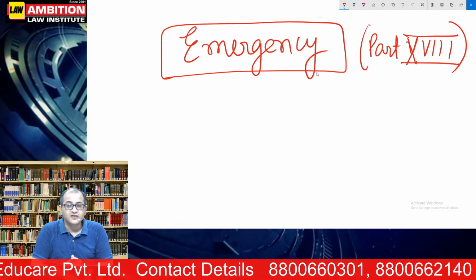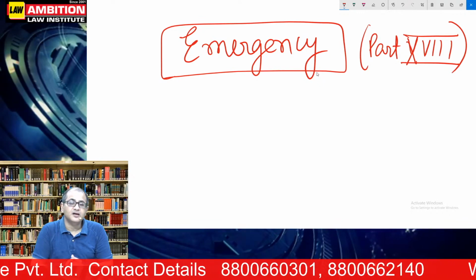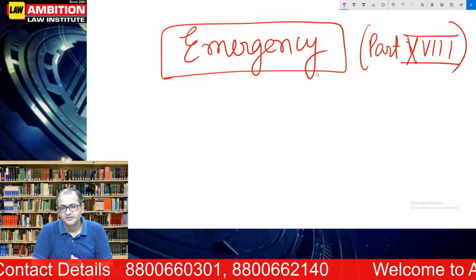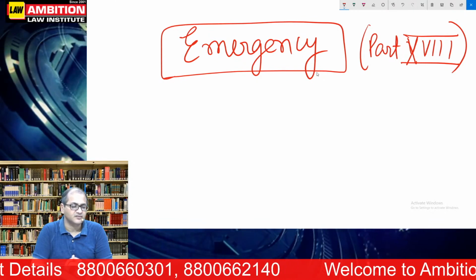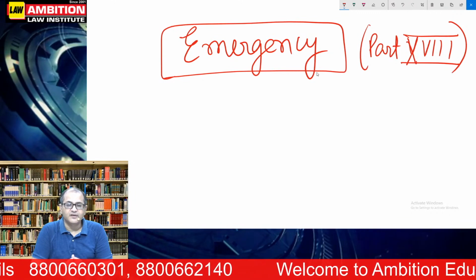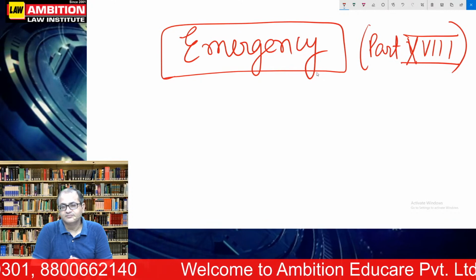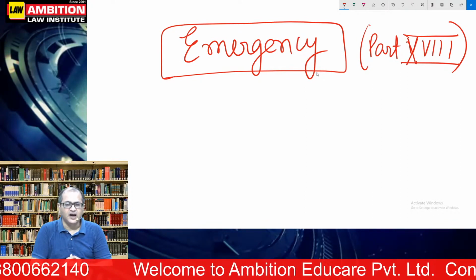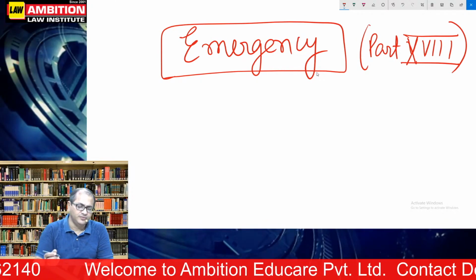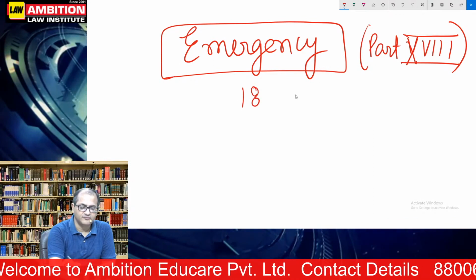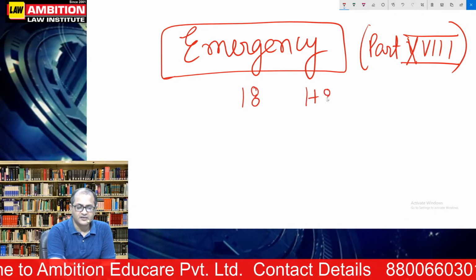Now this emergency contemplates three kinds of emergencies, as I have said: national emergency, state emergency, and financial emergency. Today we will be dealing with the first one, that is national emergency, Article 352. You see carefully Article 352, this is in Part 18 of the Constitution. 1 plus 8.